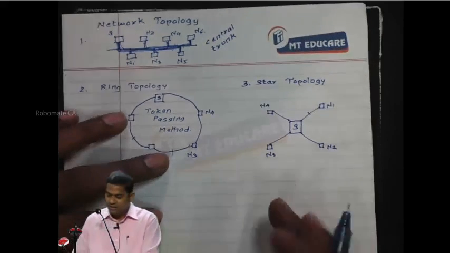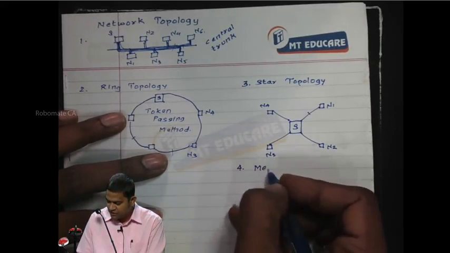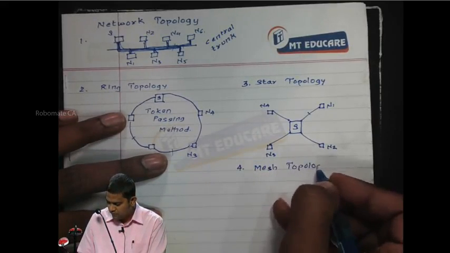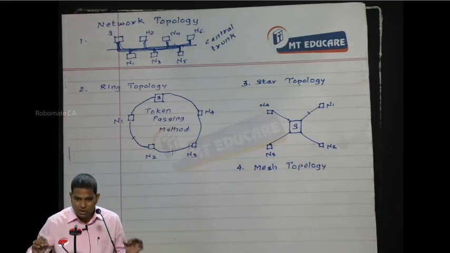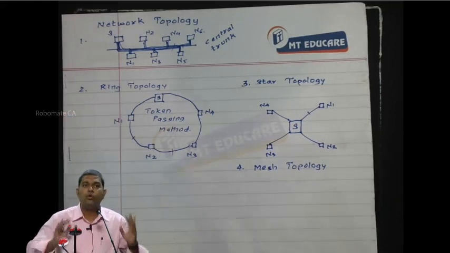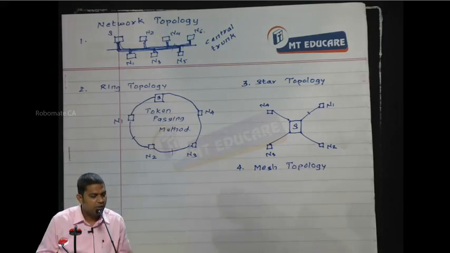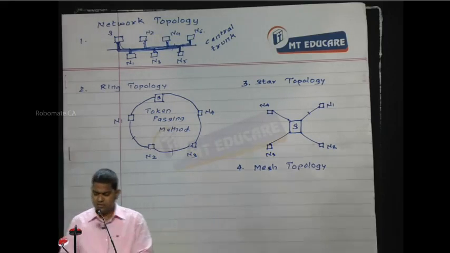So we have the next type of network, and that is called mesh topology. Mesh topology means all the computers will be connected to all other computers. What exactly does it mean?